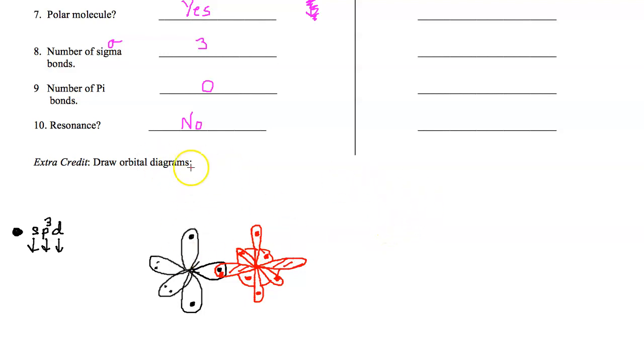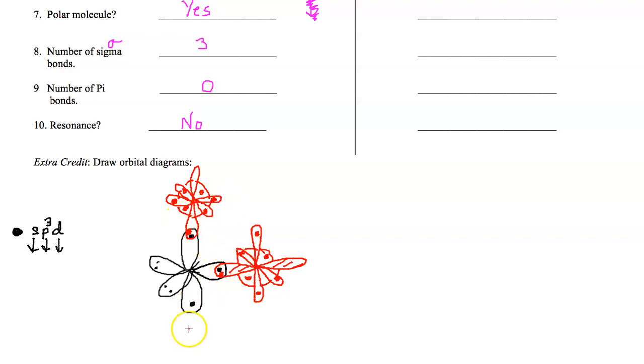I'm going to draw that one more time, and I'm just going to go fast now. The unhybridized p one way, unhybridized p in the other, coming at you. Draw the s. Put in the valence electrons: 1, 2, 3, 4, 5, 6, and of course, 7.